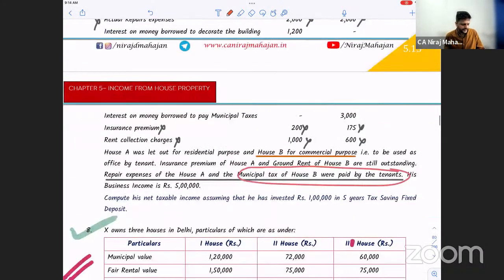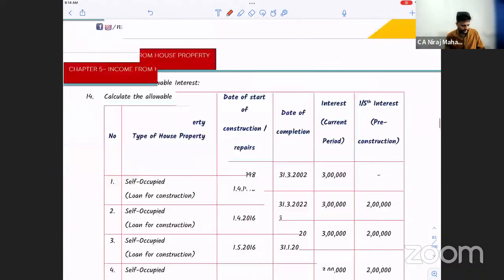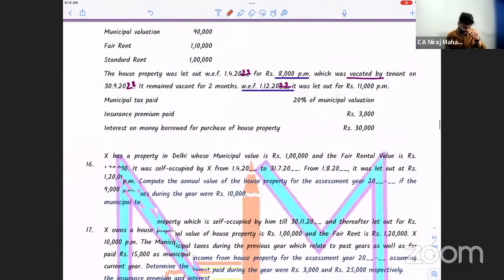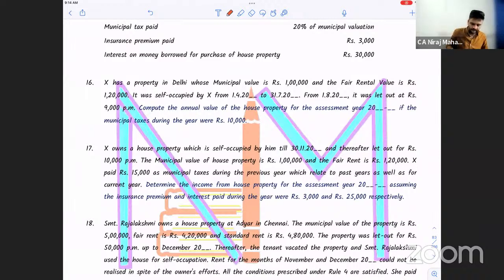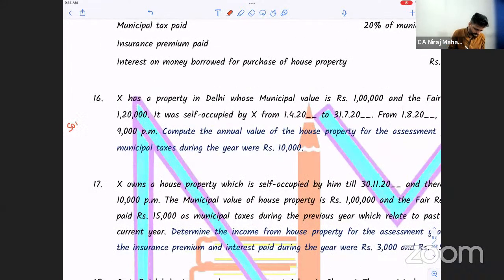Question number 16. Come on. We have multiple cases, bachcho. We are going to have more different cases. Here we are discussing a case where some time of the year is SOP and some time of the year is let out.